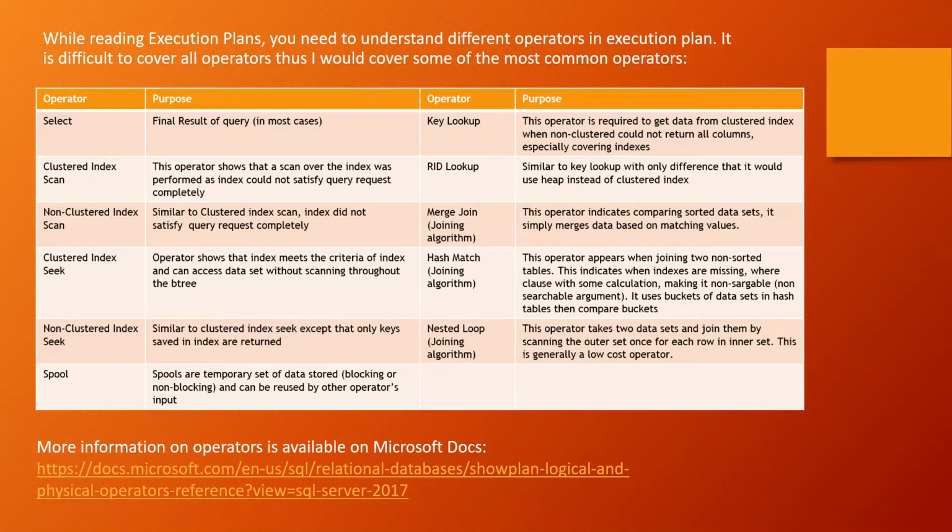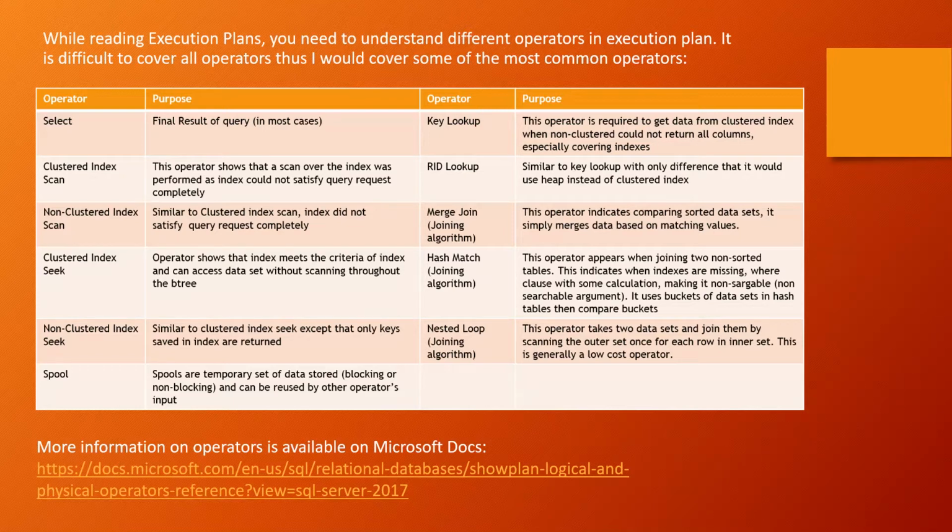A clustered index scan. This operator tells you that a scan was performed over an index and could not satisfy the query request completely. Keep in mind that a scan is a more expensive operation than a seek in most scenarios. Non-clustered index scan.